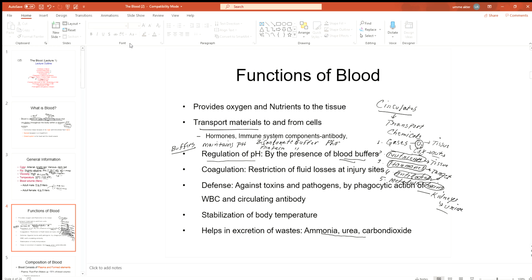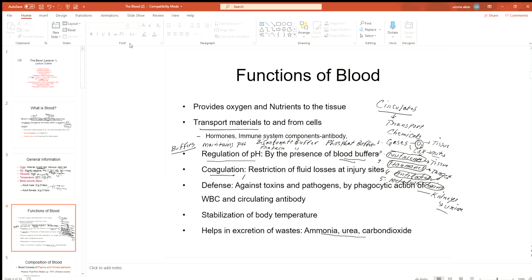Remember, those three are the most important ones. Okay, so because of the presence of those three, bicarbonate, phosphate, and protein buffers, the pH of blood remains between 7.35 to 7.45.